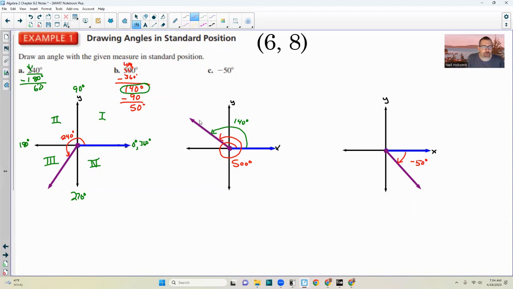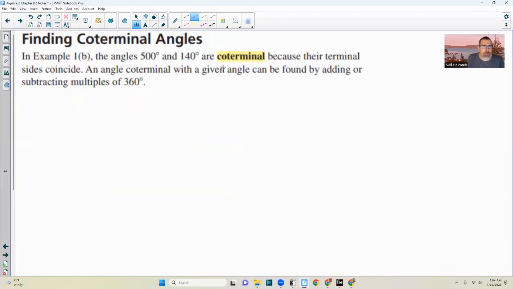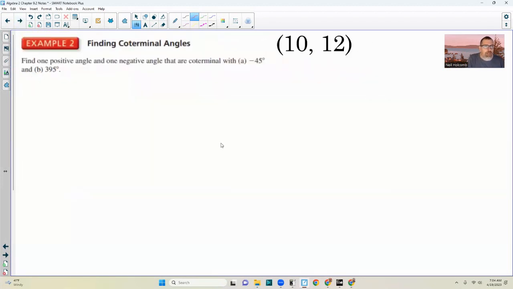Okay, so those 2 sitting on top of each other are coterminal. That's what it means. So example 2 says to find 1 positive angle and 1 negative angle that are coterminal with A, negative 45, and B, 395 degrees. So let me bring in some more grids.